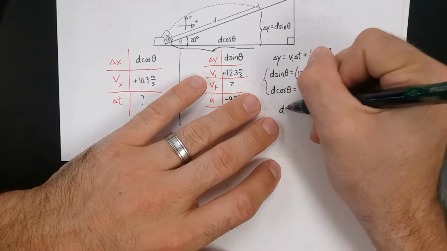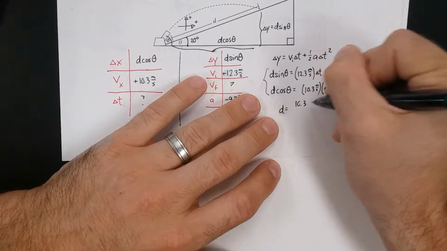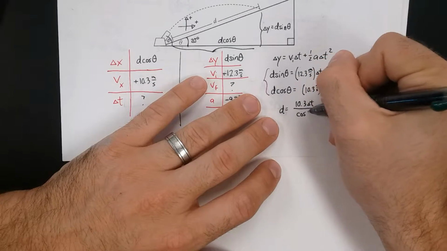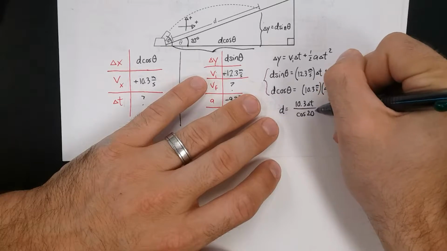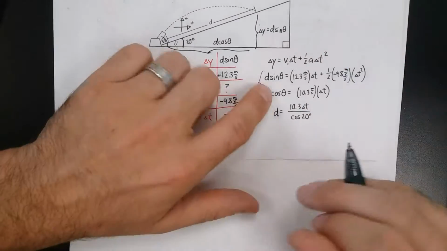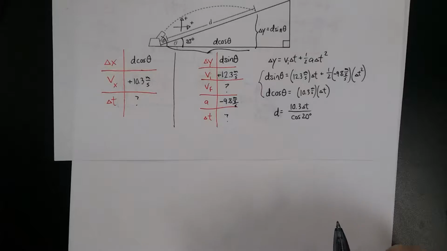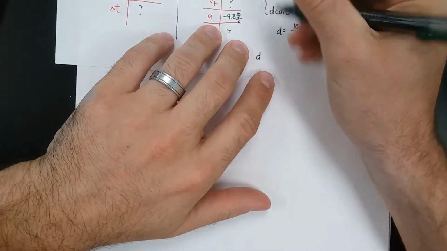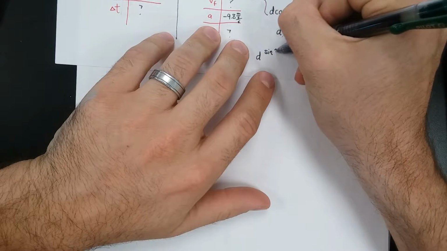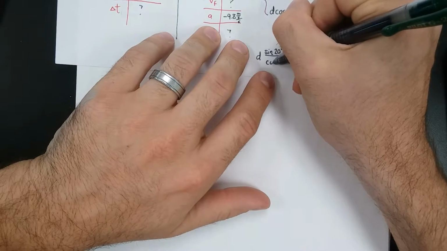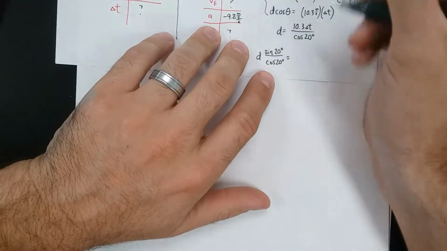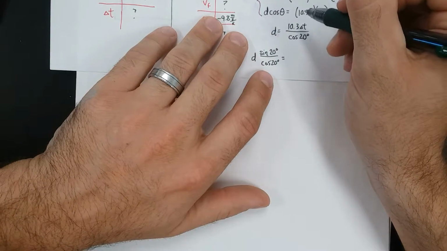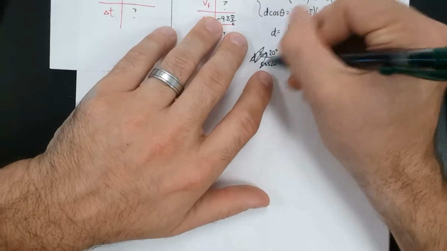I'll say that d then equals 10.3 delta t over cosine 20 degrees. Reminder that we know that this theta is 20 degrees. So this becomes d sine 20 degrees over cosine 20 degrees equals, no, I don't want to do that.